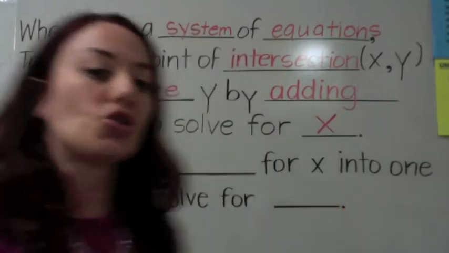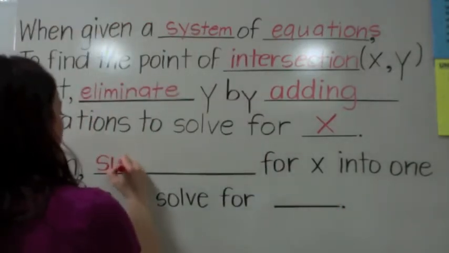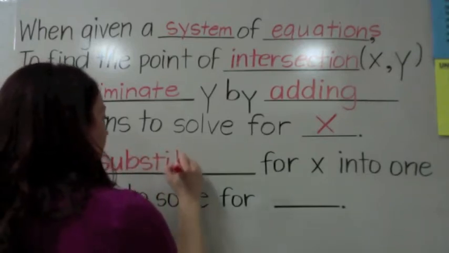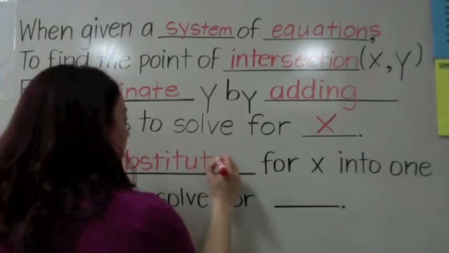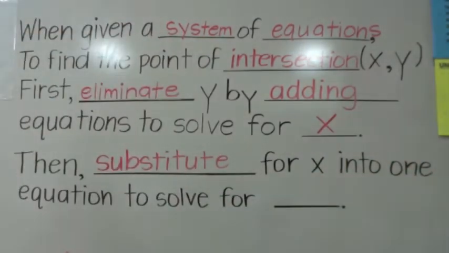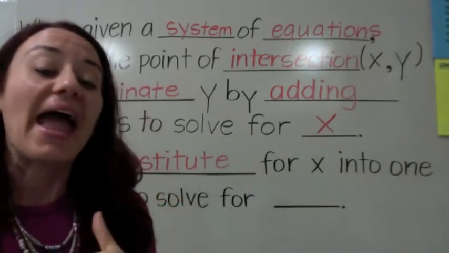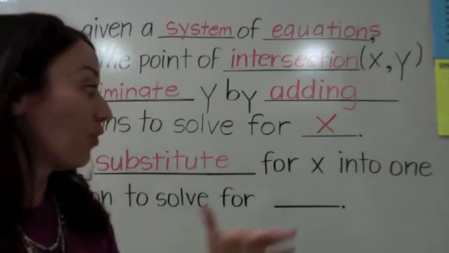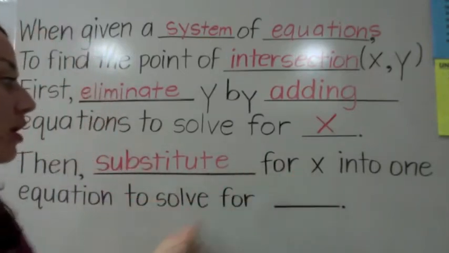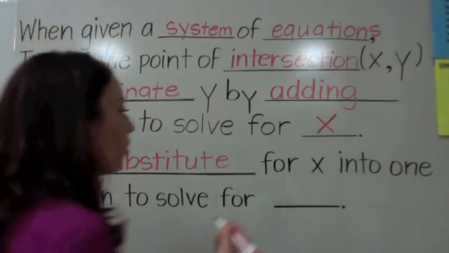So then we're going to substitute for x into one of the equations. It would work for both, but you only have to substitute in for one. If you don't want x, you want y.